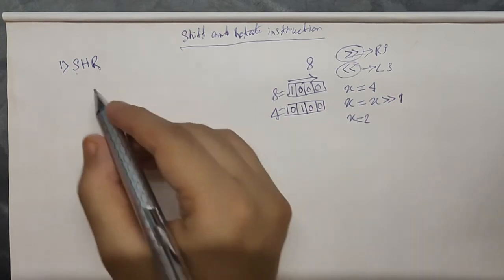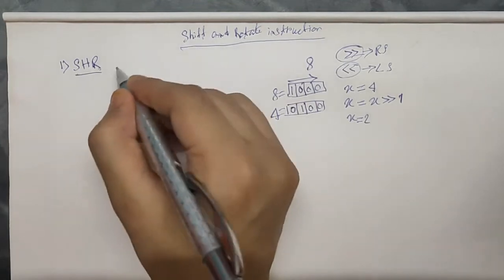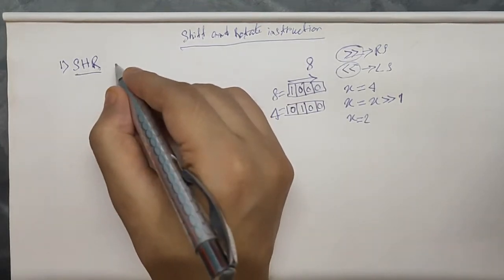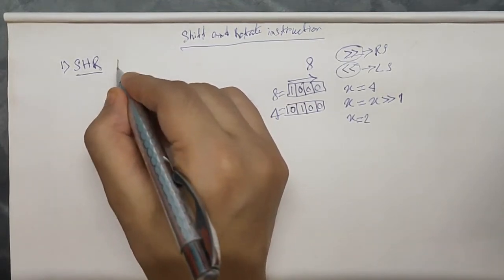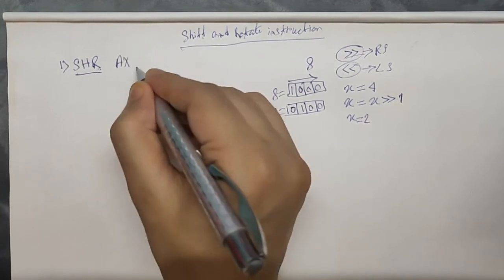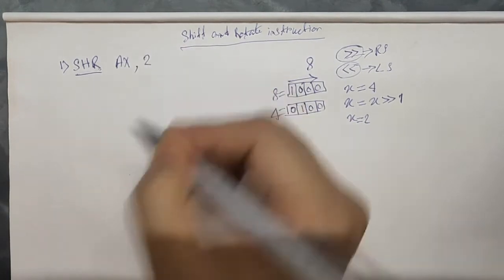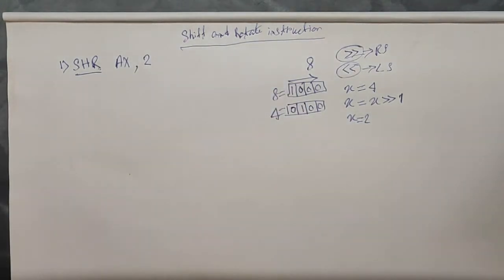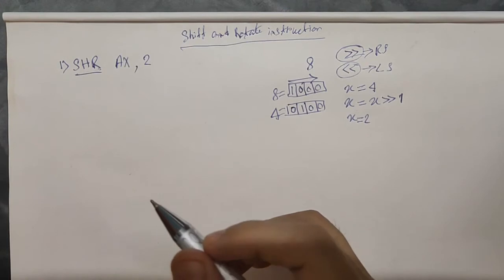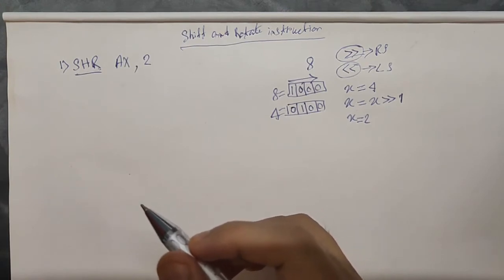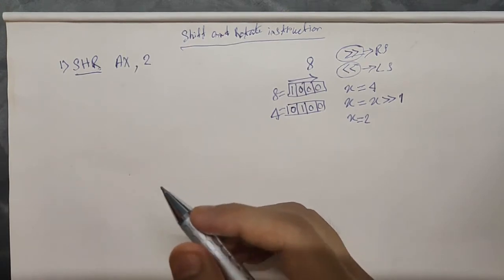So the instruction will be your command, then your register name. Suppose the register name is ax, and we need to shift it 2 times. So this will be the command. Now I am drawing a diagram, and then you will understand how this actually happens.